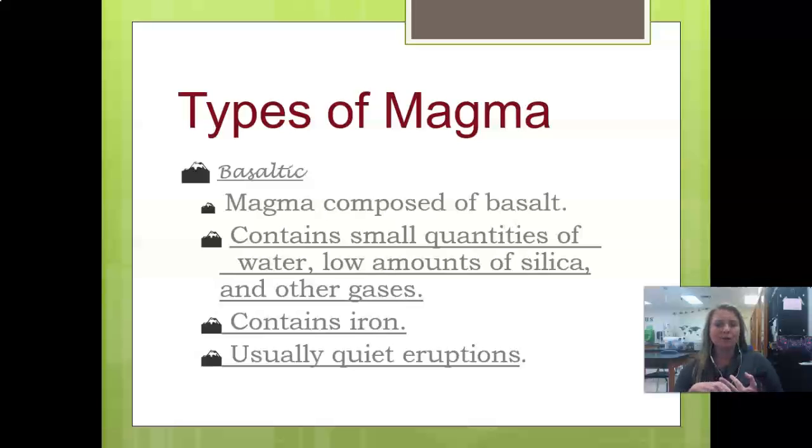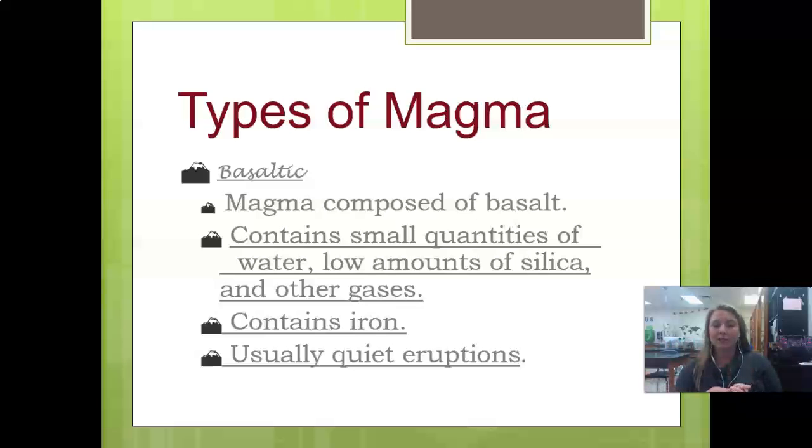This is a type of eruption that is normally pretty quiet on the front. Hawaii is a great example of basaltic eruptions, that it is taking basaltic rock from the bottom of the ocean floor and bringing it up and erupting it back out.